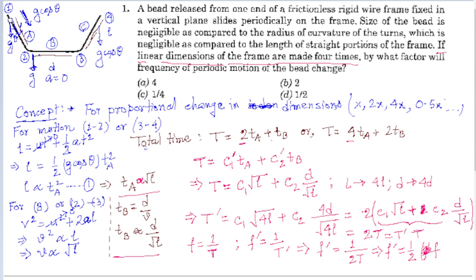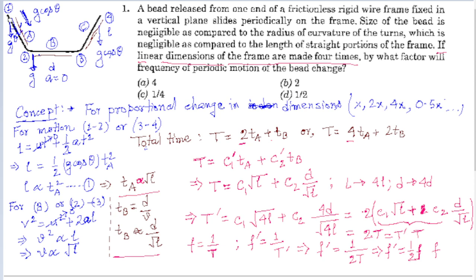So we can conclude that for this type of motion, if the dimension or size of the path changes 4 times, then the frequency of the periodic motion becomes half.